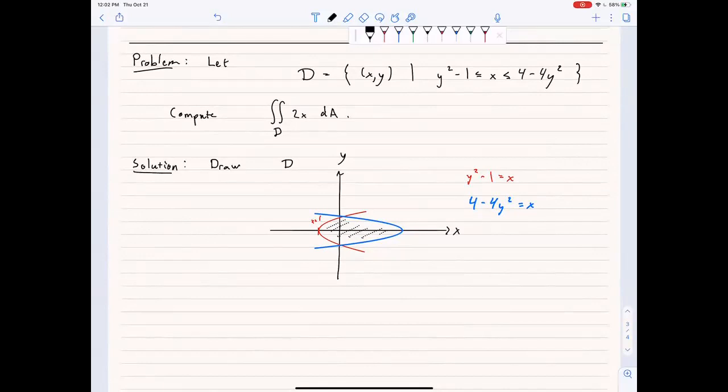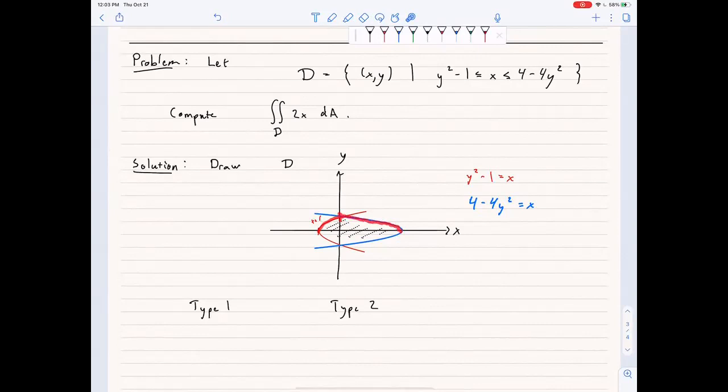So what do people think? Which type should I use? Should I use a type 1 or a type 2 description of this region? Some people, I see type 2. Anyone want type 1? Okay, nobody wants type 1. Good. The function for a type 1 would have a break; you'd have to have a case function.